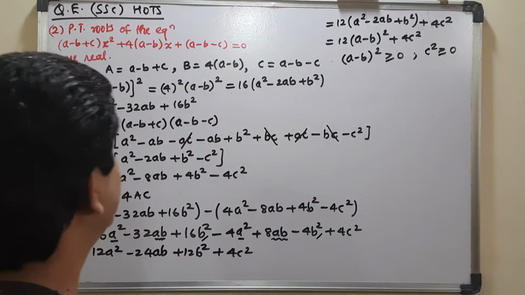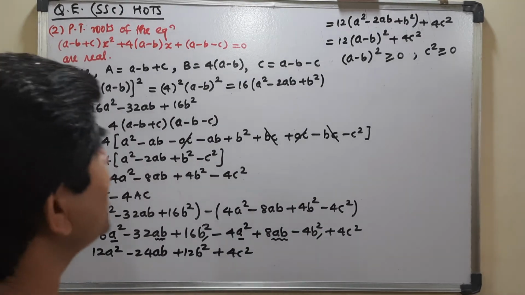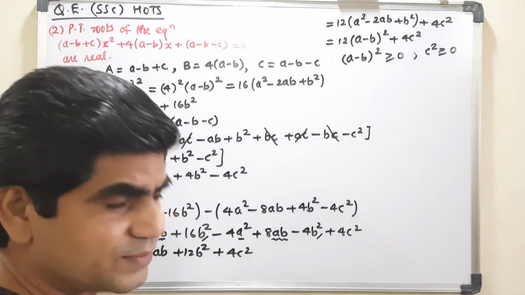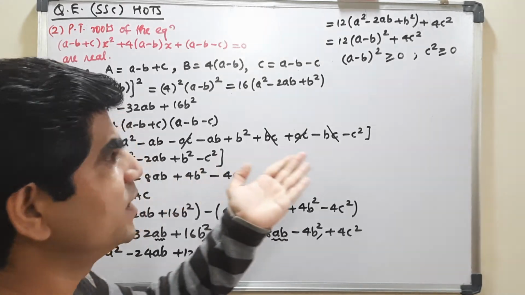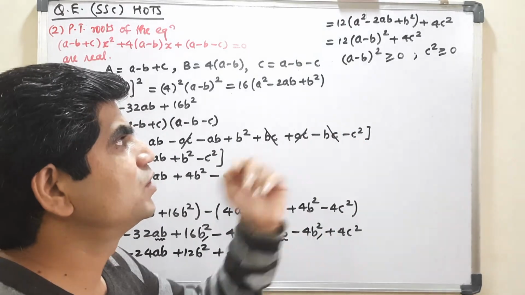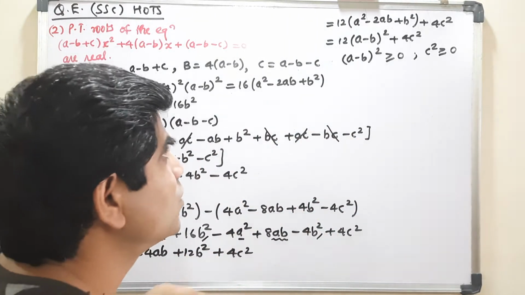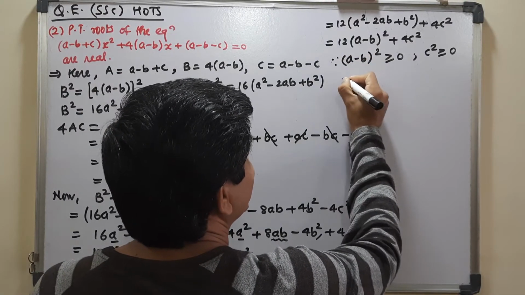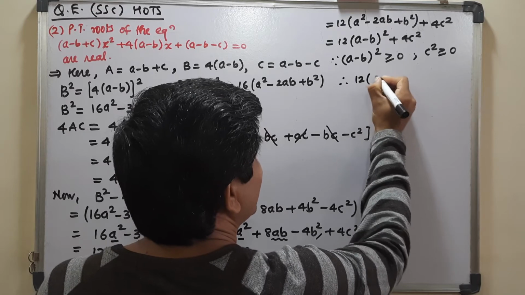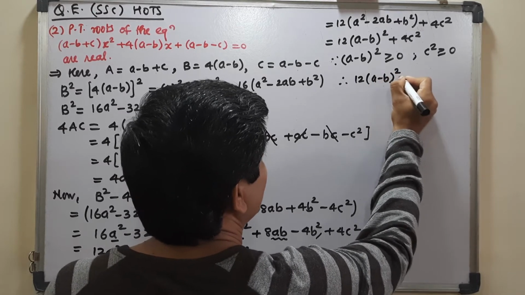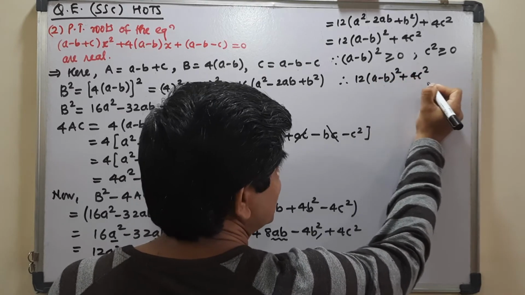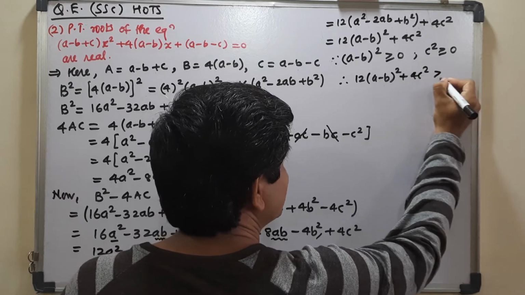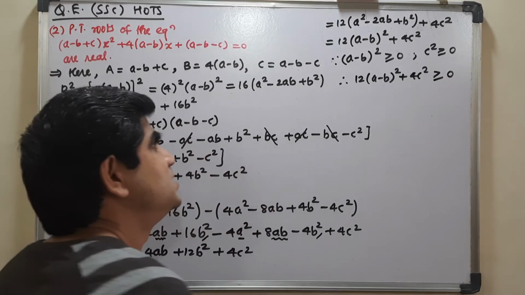Okay. So if a, b and c all are not the same, then you get them positive, and if all are same, so still you will get it as 0. So what I get here, I can comment it, therefore 12 into a minus b the whole square plus 4c square is always greater than or equal to 0.